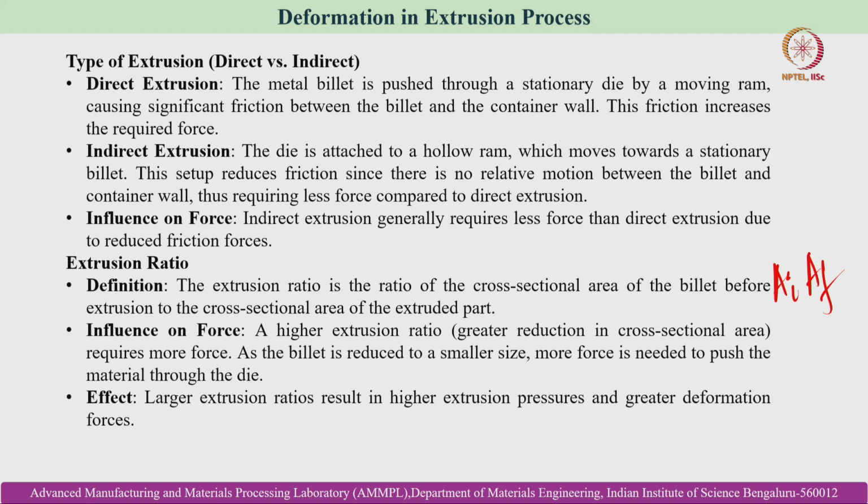This concept is also utilized for flash in closed die forging, as we have discussed earlier, which facilitates complete filling of the die cavity in forging processes. So, what is the effect of extrusion ratio? Larger extrusion ratios result in higher extrusion pressures and greater deformation forces.